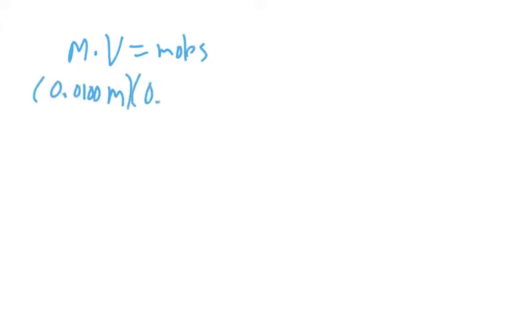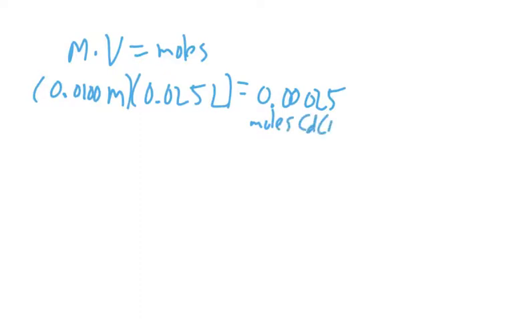So we said molarity times volume equals moles. So the molarity is 0.0100. The volume in liters is 0.025. And when you do this, you get 0.00025 moles of cadmium nitrate.